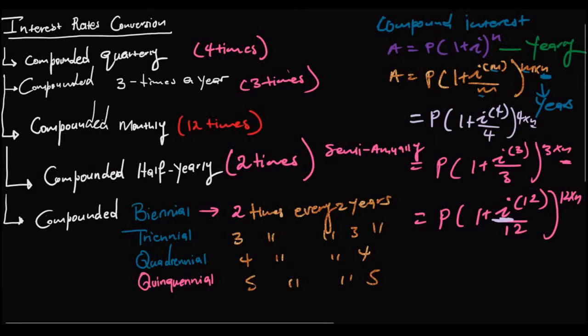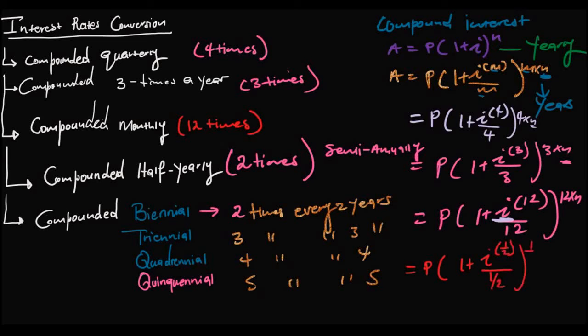So for biennial, we can say this is equal to P into (1 + i_(1/2) / (1/2)) exponent a half times n. That's how you treat it. And then let's look at compounded quinquennial.